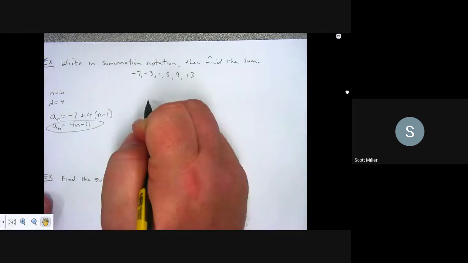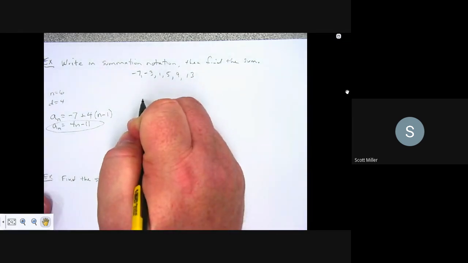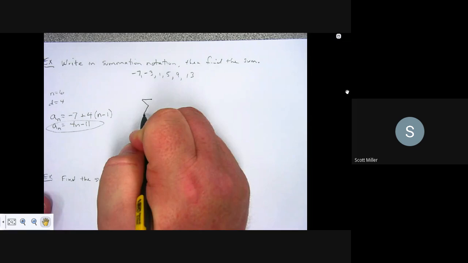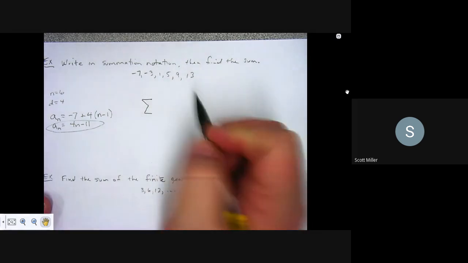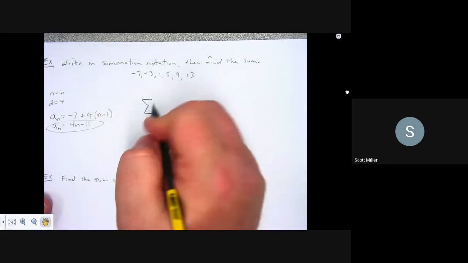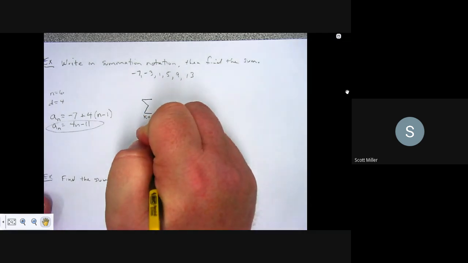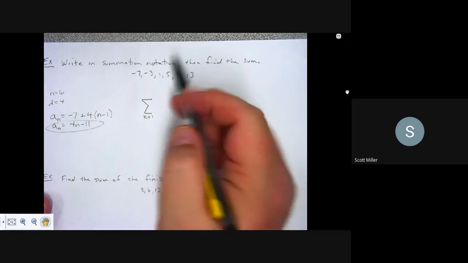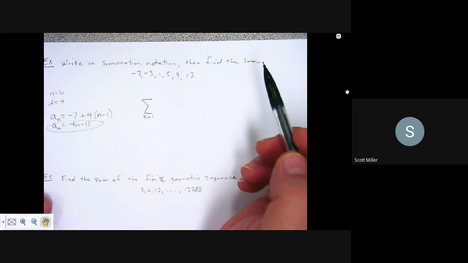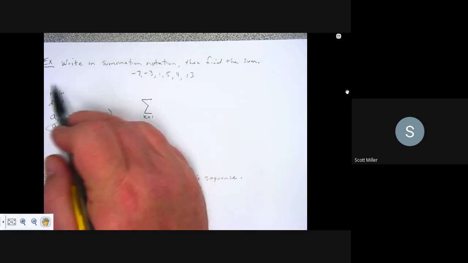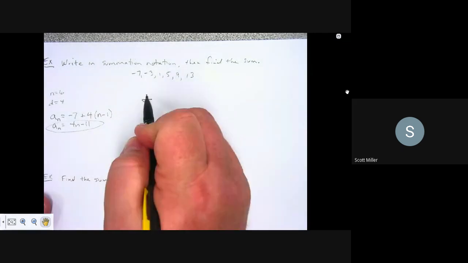Okay? So remember, the summation notation is this fancy E. Now, here it has n, so you're going to use a different letter. We're going to use k. And we're going to start at 1. This is the first term in the sequence. We know that it goes all the way up to 6 terms. So this top number here will be a 6.